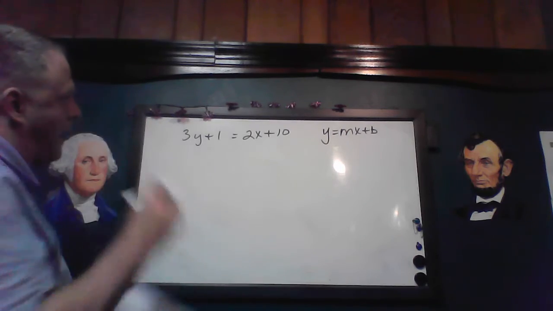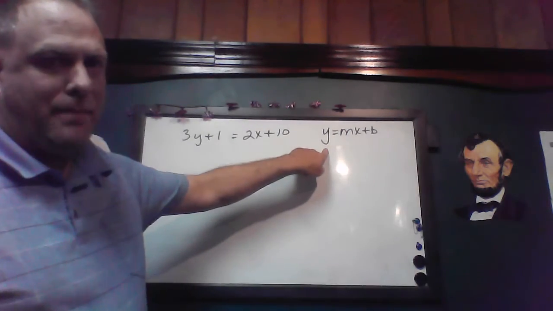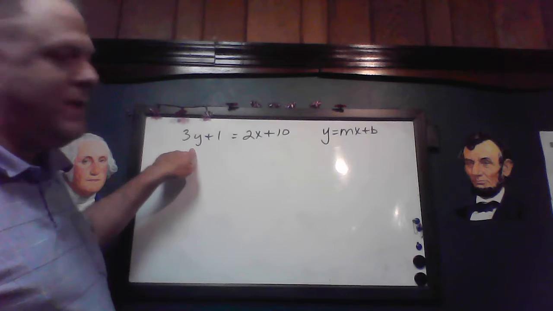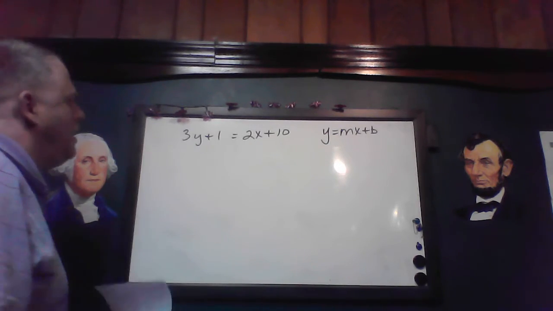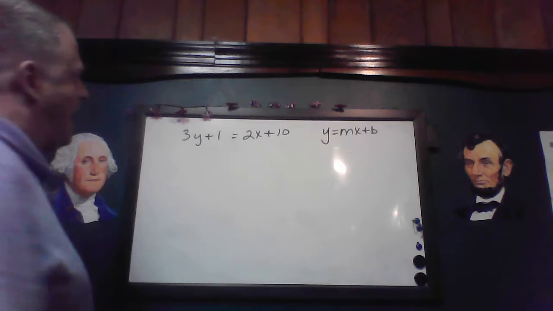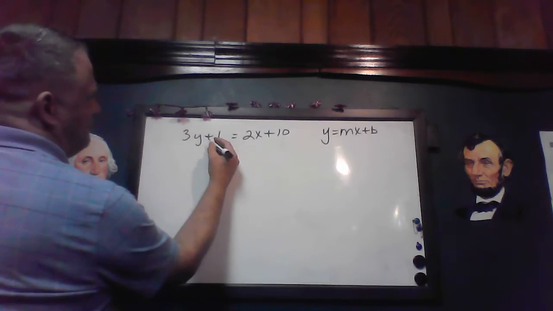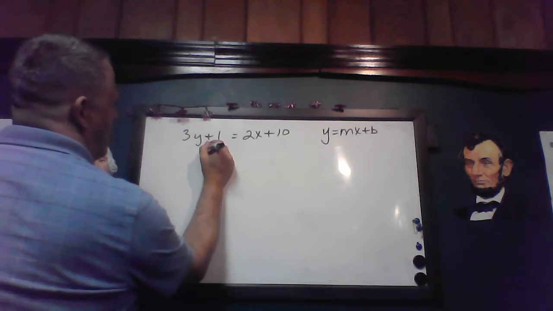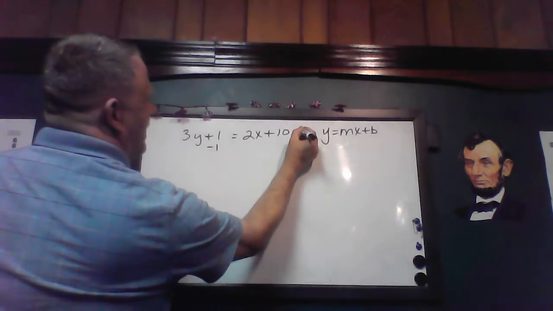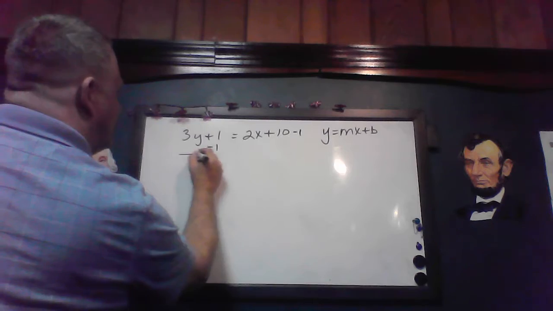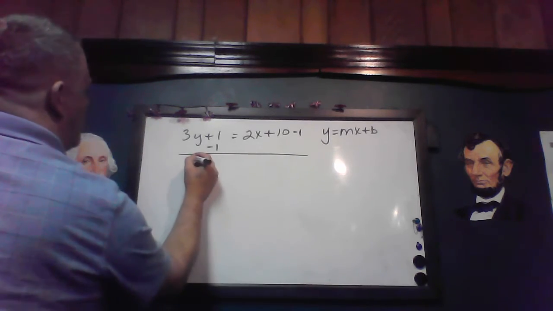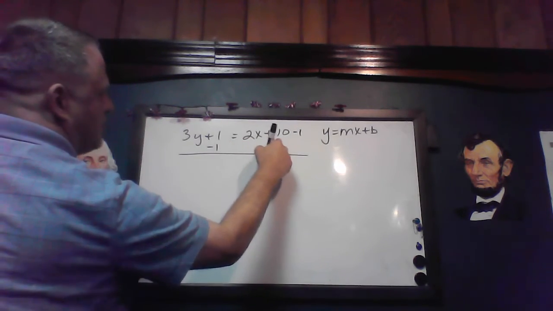So our first step is to get y by itself. So how do we get y by itself here when we have a 1 attached to it? So basically we're going to move our 1 over. So we're going to do minus 1, minus 1. Okay, and that's going to leave us with, some people put it right here, some people put it right here.